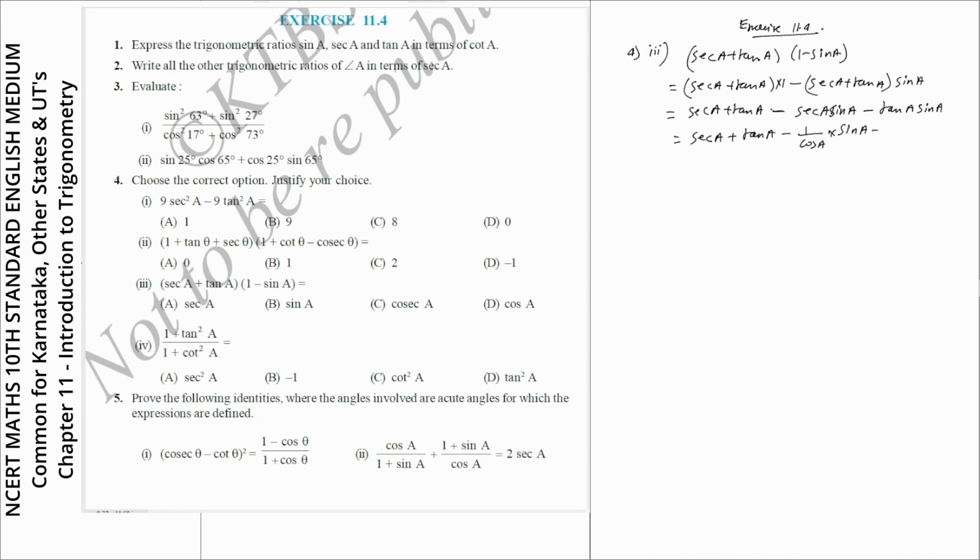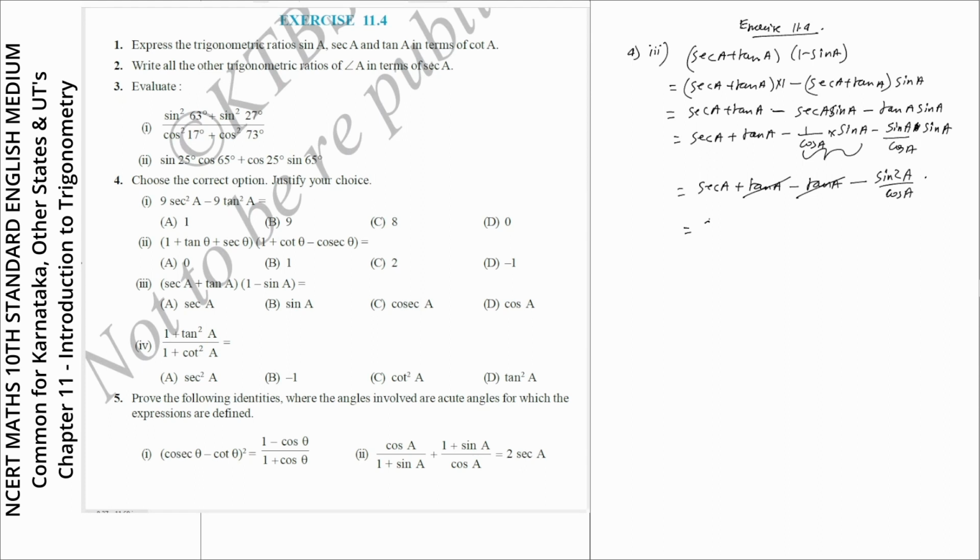So here tan A is sin A by cos A into sin A as it is. So this is equal to secant A plus tan A. Now here sin A by cos A I'll get. Okay, sin A by cos A is tan A. This I'll get as tan A minus, now here sin A into sin A is sin square A by cos A. So this is equal to, now plus tan A minus tan A will get cancelled.